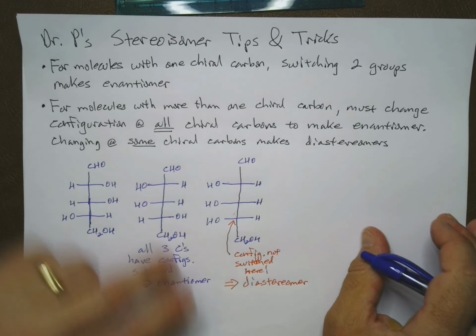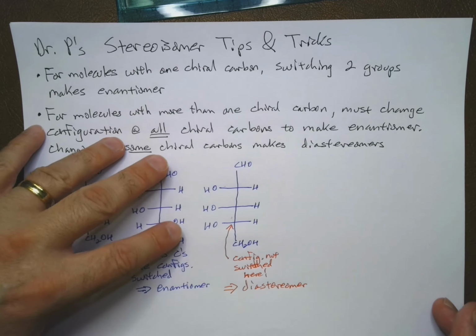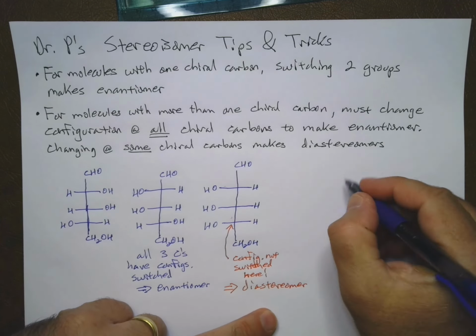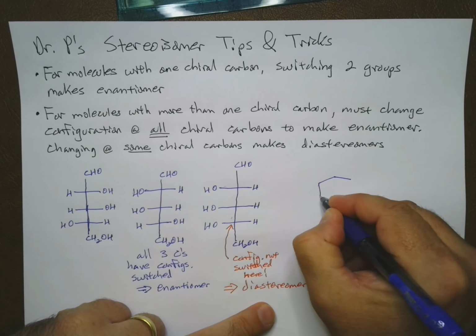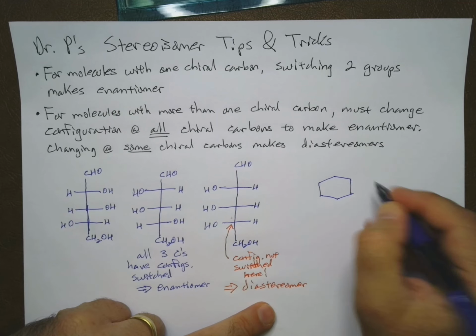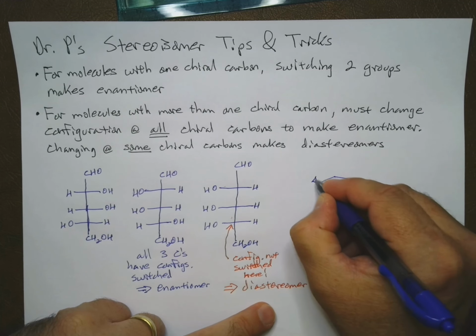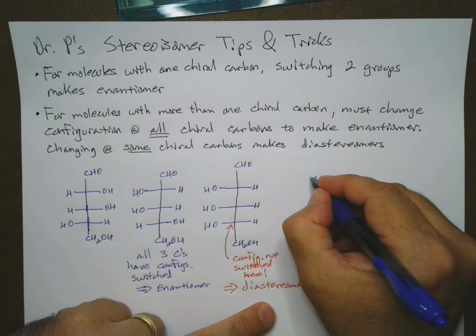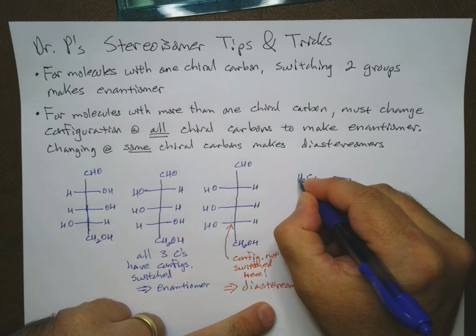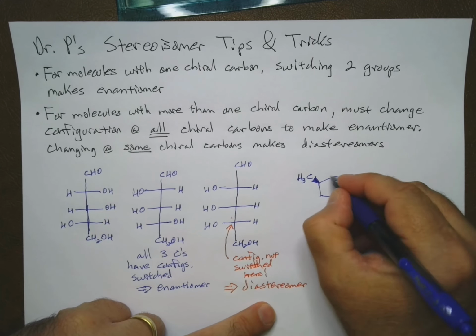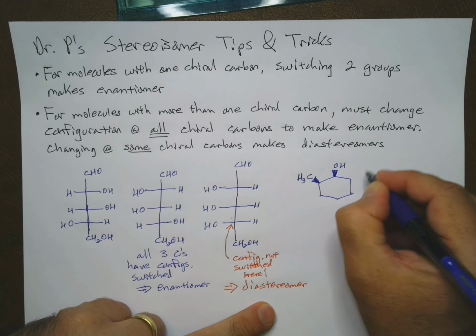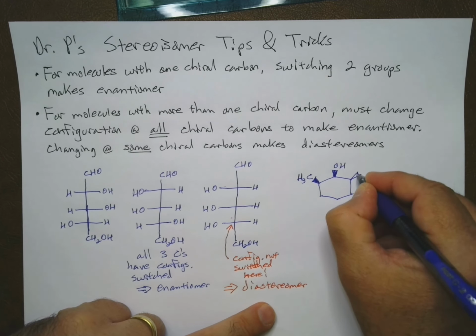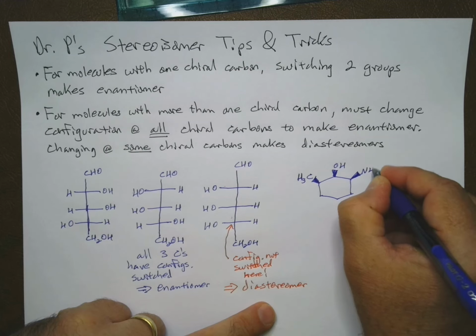We could look at another example here. Let's make a ring, and on this ring I'm going to stick a CH3, and then I'll stick an OH and an NH2.